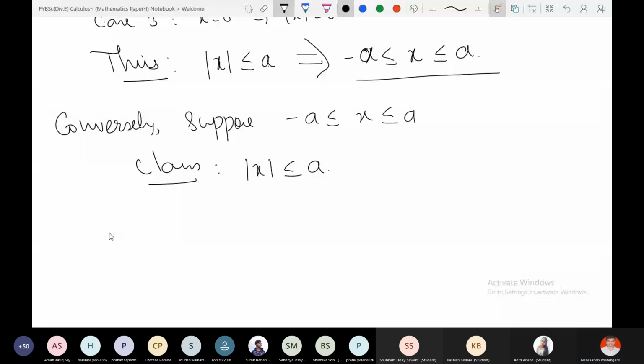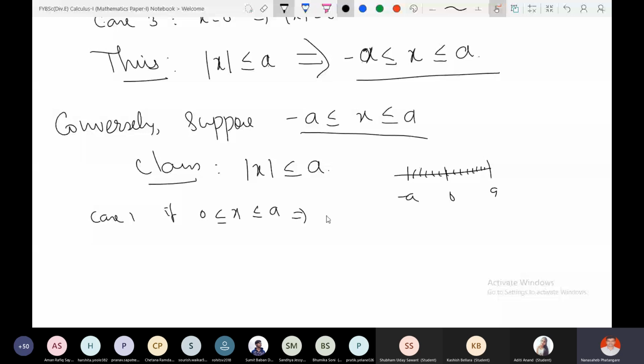So when I say that x lies in between minus a and a, this is our assumption, right? So case 1, if 0 less than x less than or equal to a, then x is positive, then absolute value of x is x, and therefore absolute value of x is x less than or equal to a.